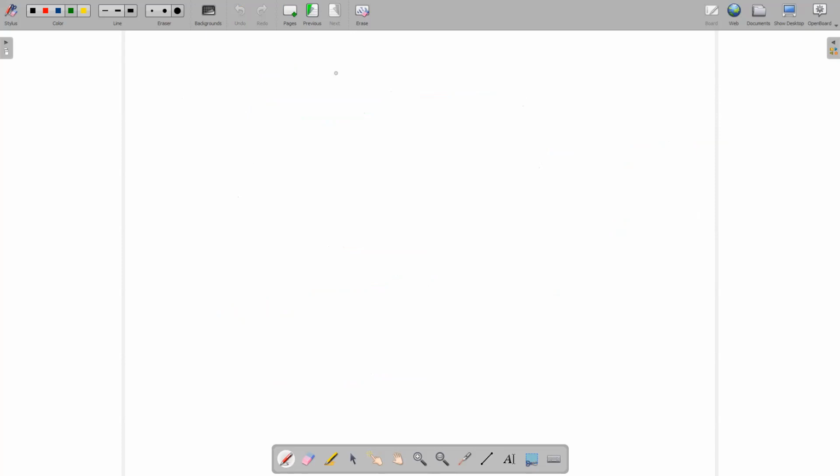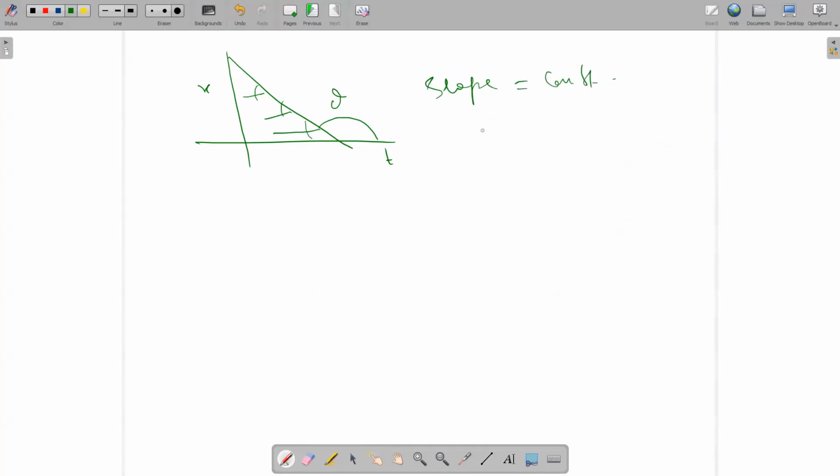So after this, we have this graph, X and T. This is the angle, theta. Slope is constant or variable? This line, this line, this line, this theta. So slope is constant.